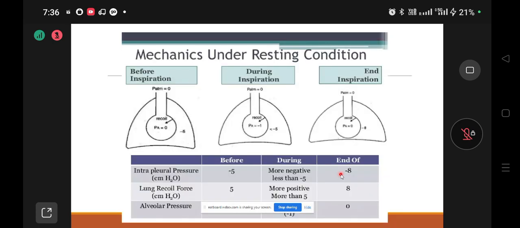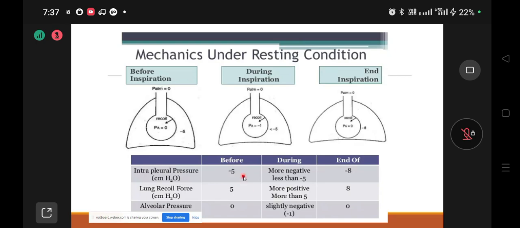So if we look at these mechanics during the resting stage, you can easily see that before the expiration, your intrapleural pressure and your lung recoil are almost equal, so that your alveolar pressure is almost zero.